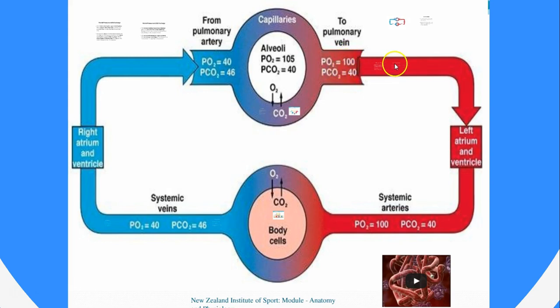And that oxygen-rich blood now moves its way out to the body tissues. When it arrives at the tissues, you see here, PO2 of 100, meaning we haven't lost any, loads of fresh oxygen arriving at the tissues. In order for this oxygen to dump into the muscle cells or body cells, we know there has to be a pressure difference. So that means there must be less oxygen in the body cells than in the blood arriving.